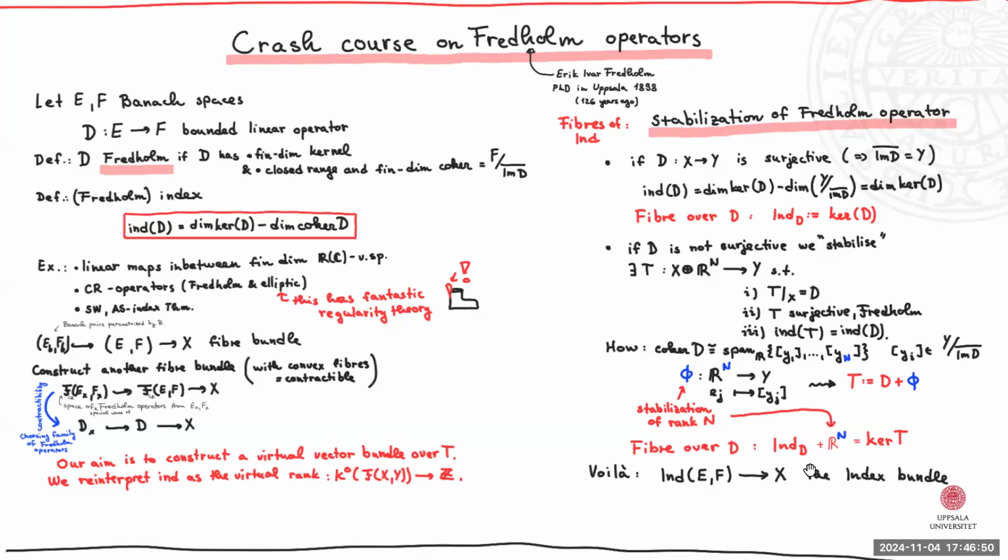The fiber over D of this virtual vector bundle is going to be such a virtual vector bundle that if you sum it with a trivial vector bundle, you get the kernel of the stabilized operator. So voila, we have our index bundle. We denote it with E and F because our family of Fredholm operators went from E to F. Okay, any questions?